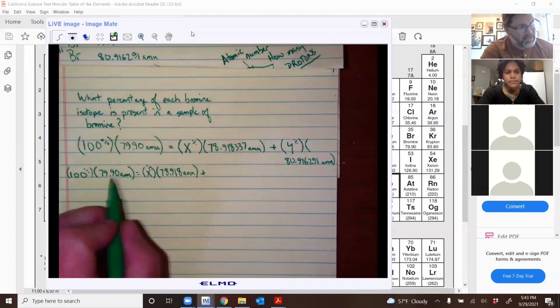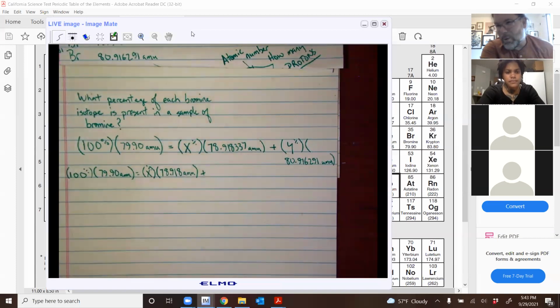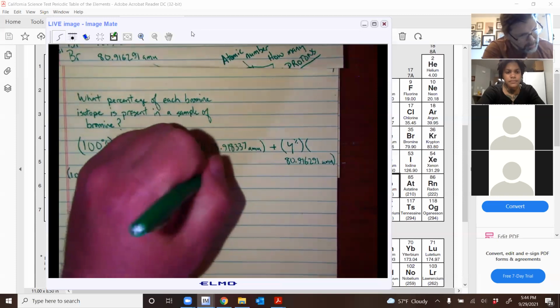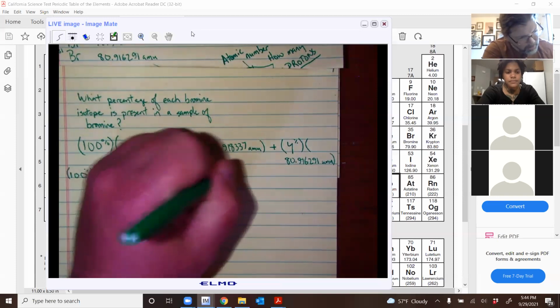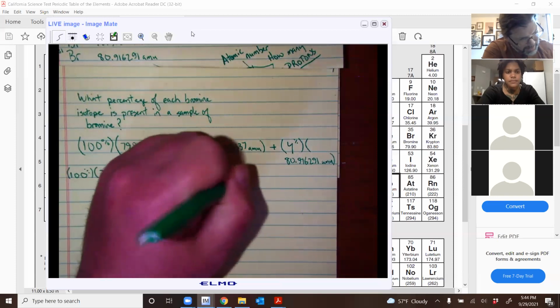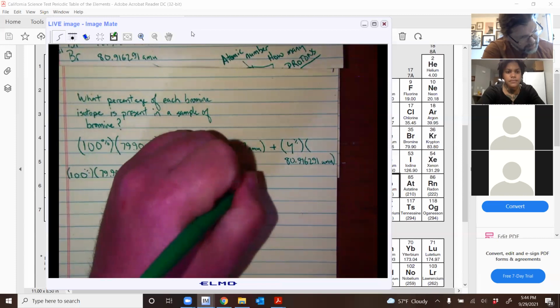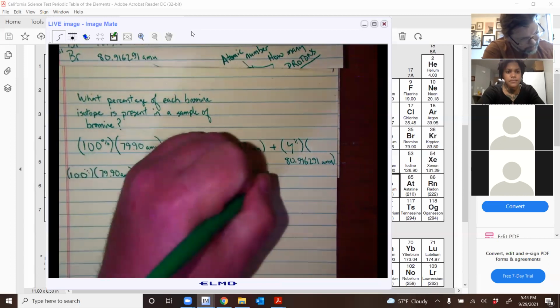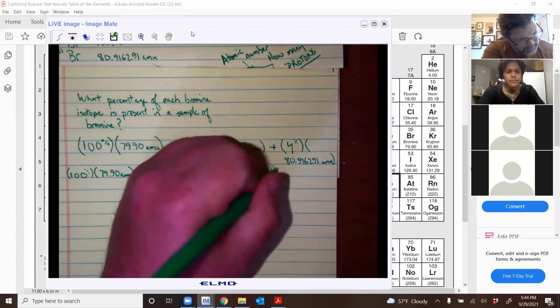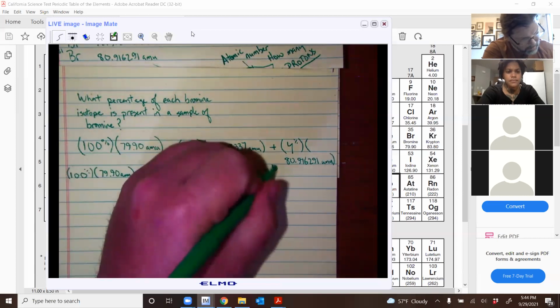Since our average atomic mass is only 4 sig figs, then we can't know our percentages to more than 4 sig figs anyway. So our other isotope, 100% minus X, would have an isotope mass of 80.916 AMUs.